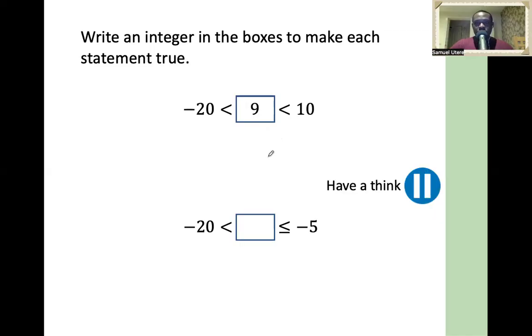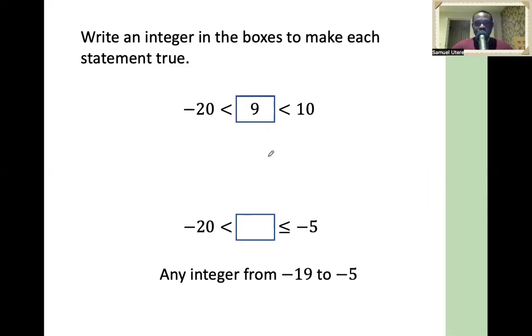What number would you start with? Of course, negative 19. So we can carry on from negative 19. But why have we used negative 5 instead of stopping at negative 4? I'm sure somebody would have said, or you're thinking the same as I am, this sign means less than or equal to.